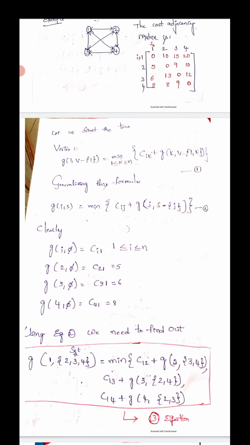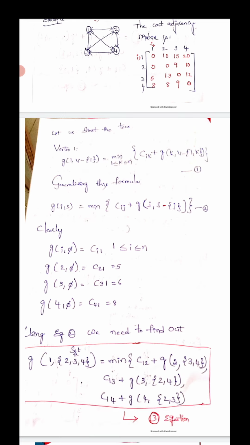That is assigned the minimum of c_1j + g(j, S - {j}). First we take j equal to 2: c_12 plus g(2, {2, 3, 4} - {2}), and with 2 gone we get only {3, 4}.